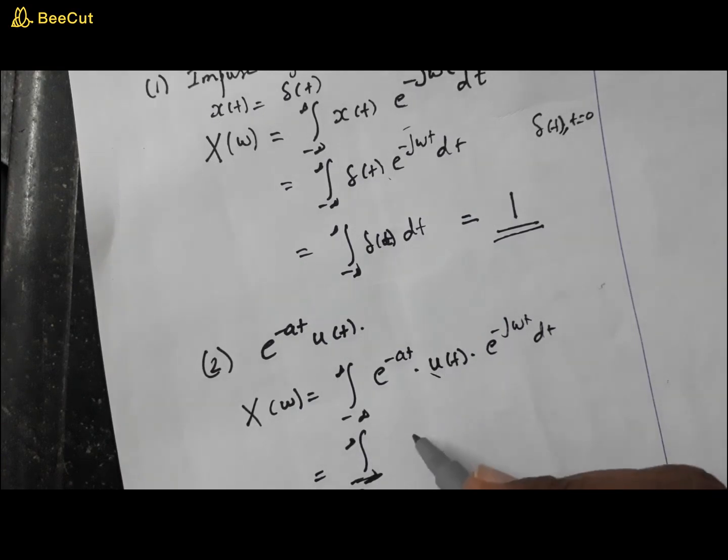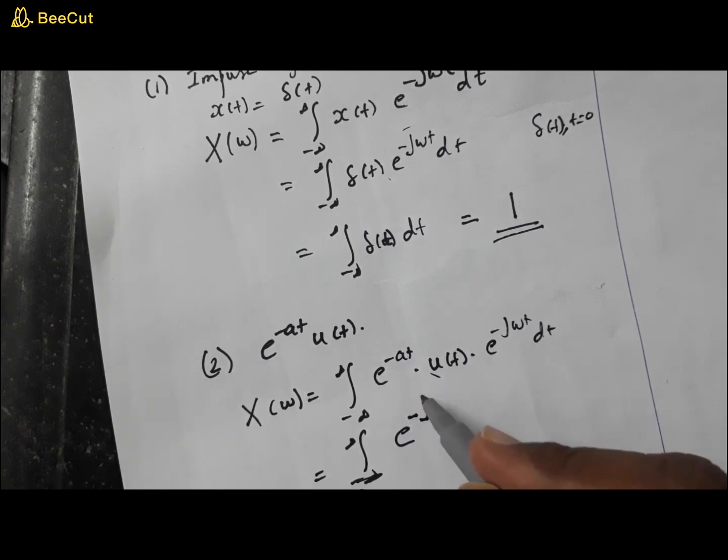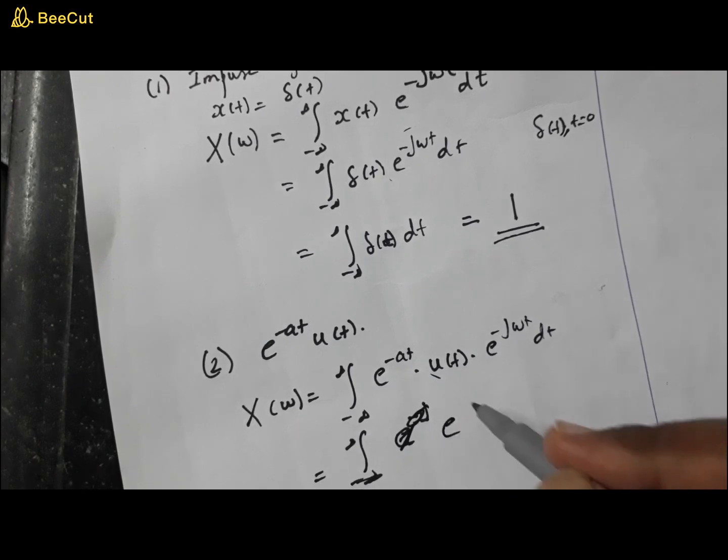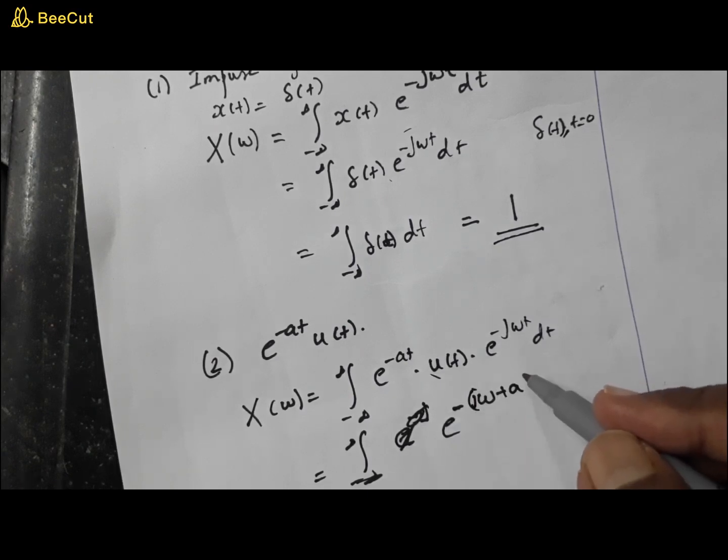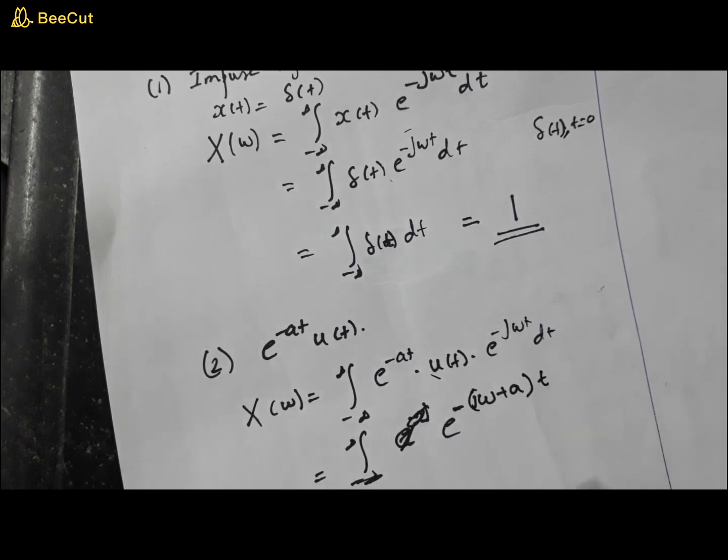Putting this together, this will be e raised to minus (j omega plus a) into t.